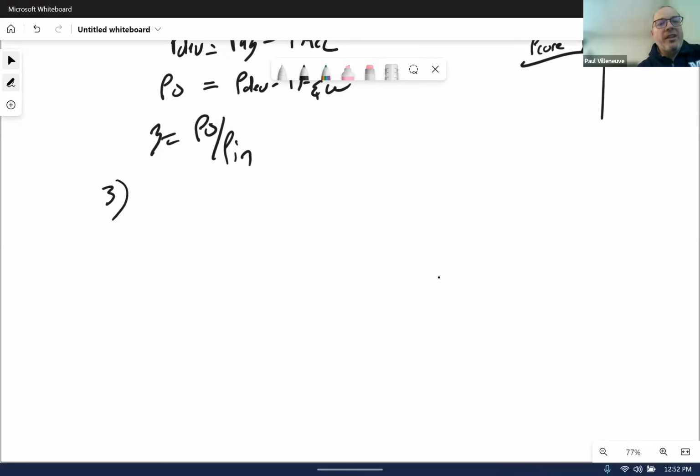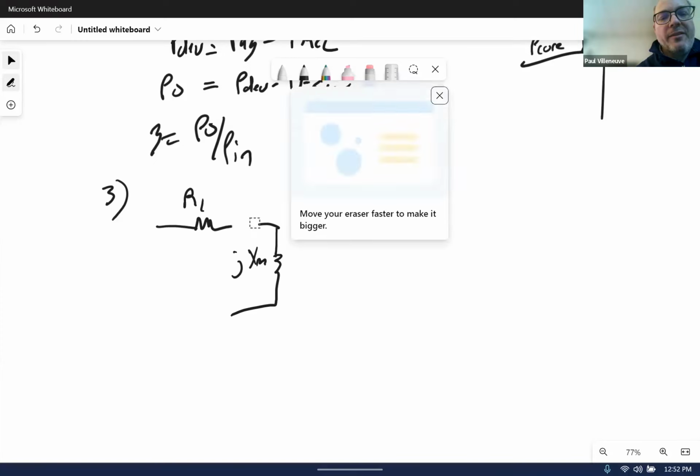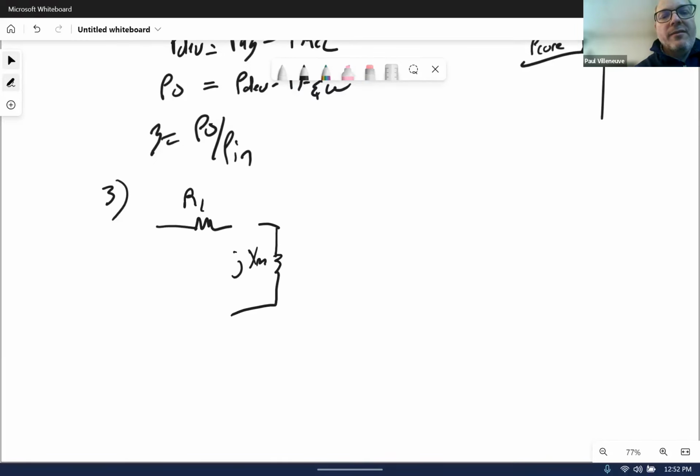Because number 3 was a circuit diagram. R1. I'll do this one a little bit clearer. I did not give you a value of R sub C, so we're going to neglect it. This is JXM. Oops, I forgot my X1. Sorry about that, folks. JX1. This is my JX2.